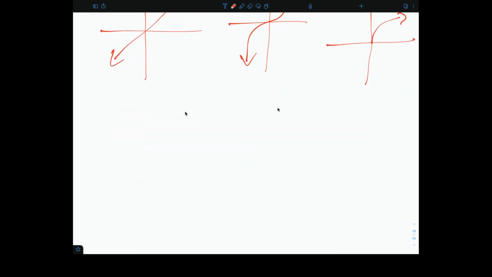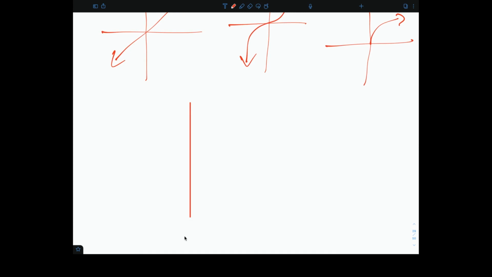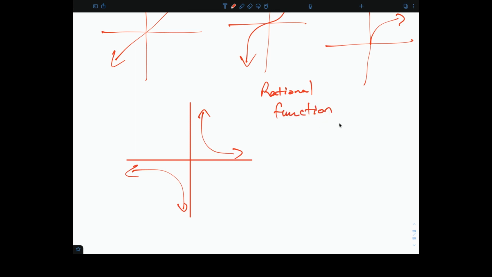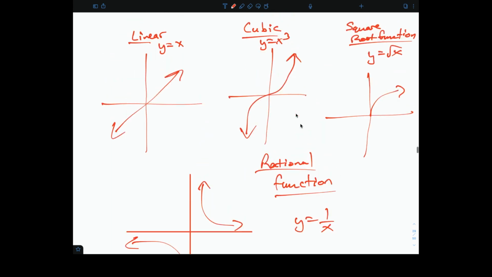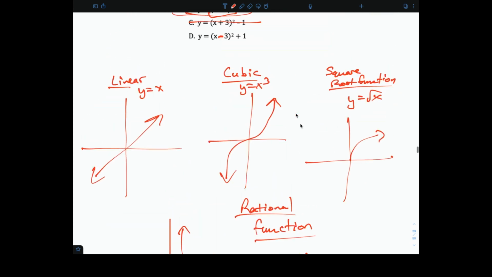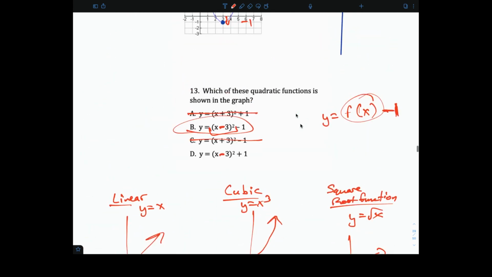We also have the rational function, which looks like this. And that's y equals 1 over x. Now, is this in any way or form the only graphs that exist? Absolutely not, but these are the ones we discussed in class, so you should be familiar with their shapes.